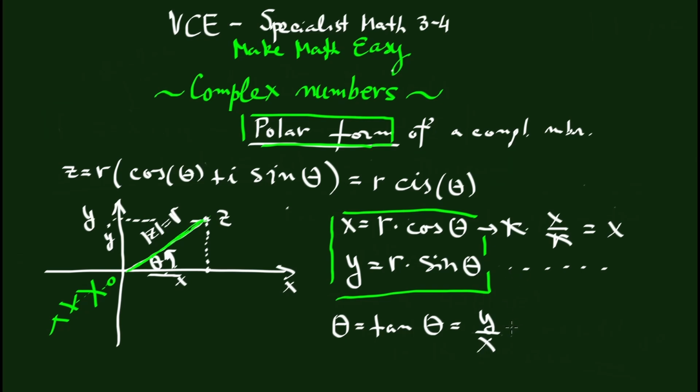The other way, very useful, is that tangent is written as sine of theta divided by cosine of theta. Remember that. So from there theta is obtained.